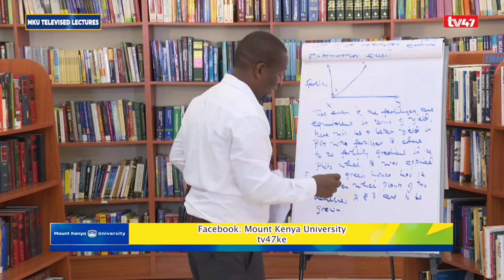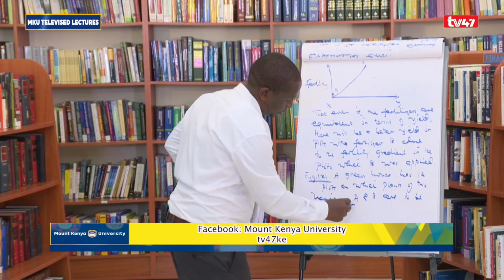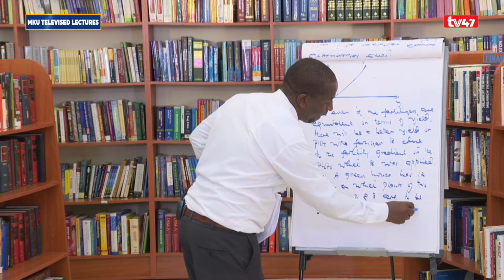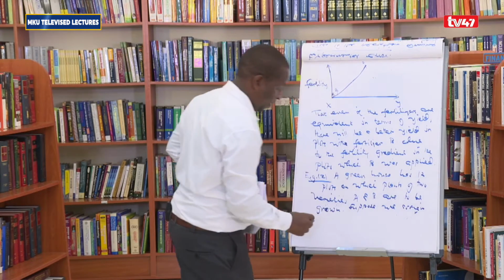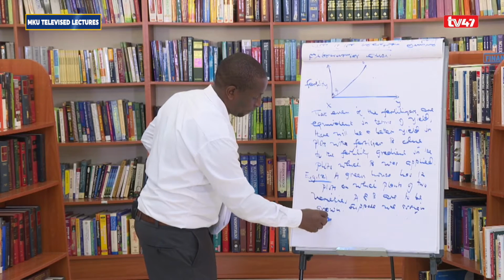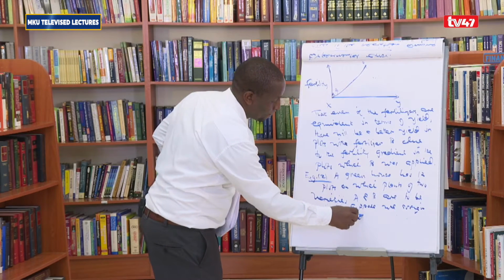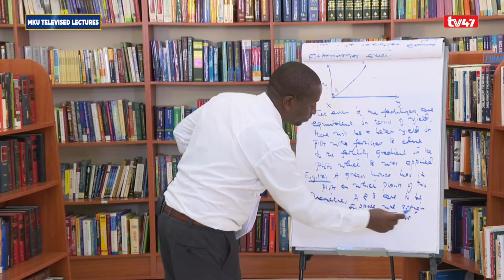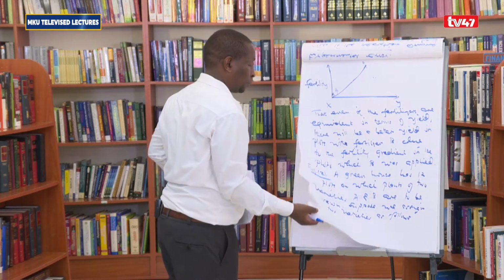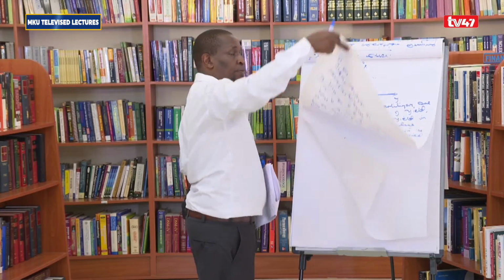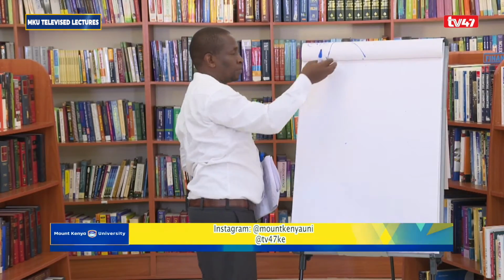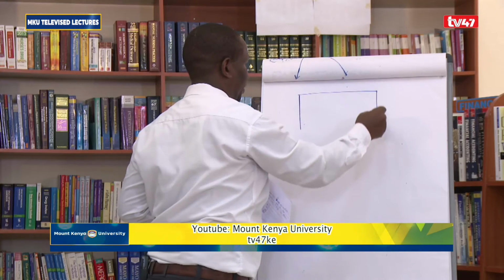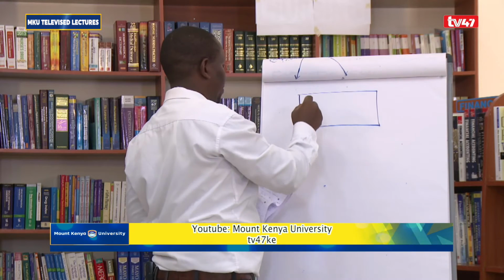And suppose we assign the two varieties as follows. This is the greenhouse, and we have the plots.